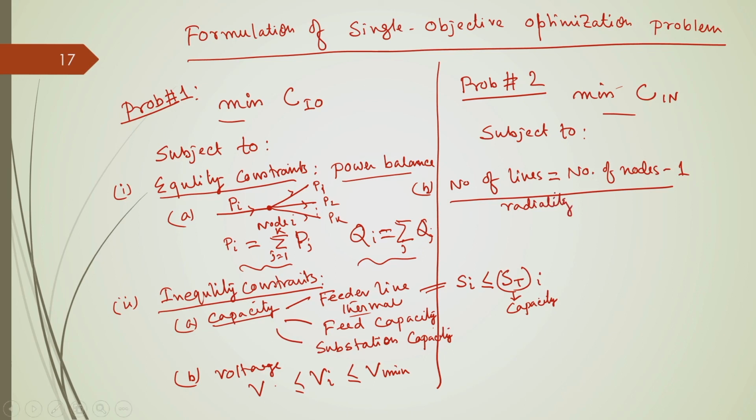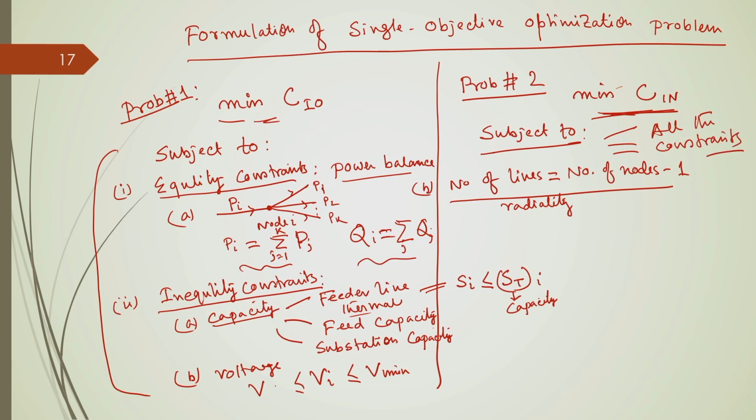Okay. So, in this single objective optimization problem, we will basically optimize this objective function under these constraints. Similarly, in problem 2, we will optimize this objective function under all the constraints. Okay. So, constraints will remain the same in both the problems, but objective functions will change.